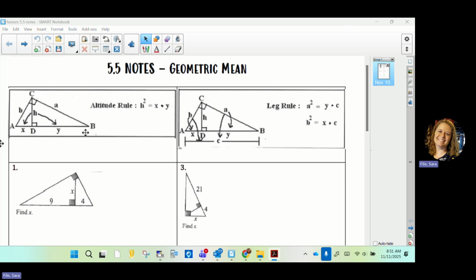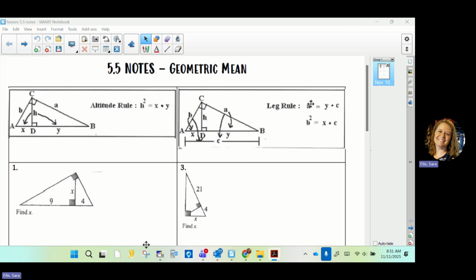Thank you. Now there's another rule called the leg rule. In the leg rule, you can see there's two versions because one uses leg A and one uses leg B, because there's two legs in a right triangle.